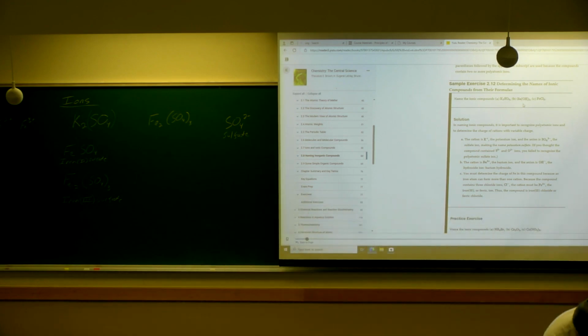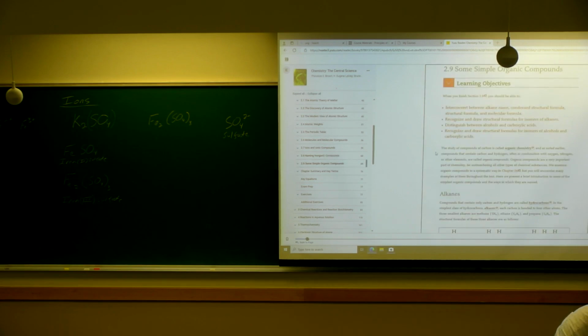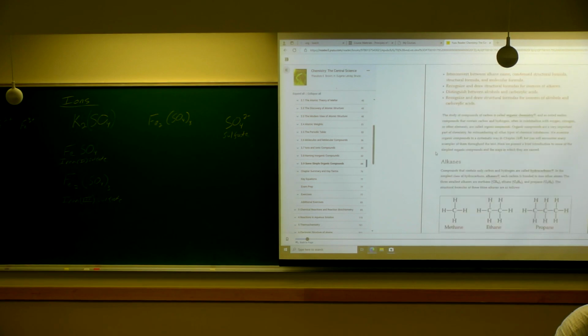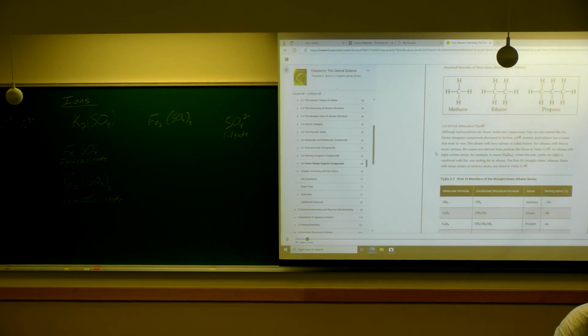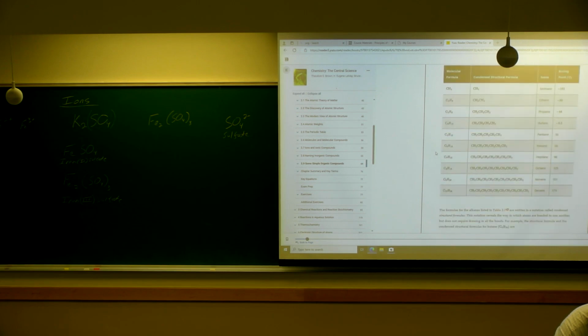Maybe we should look at some of those at the end of the chapter. I almost want to skip these where it says organic compounds, the molecules. Maybe I'll come back to it, but think about test 1 having mostly ionic compounds for naming.